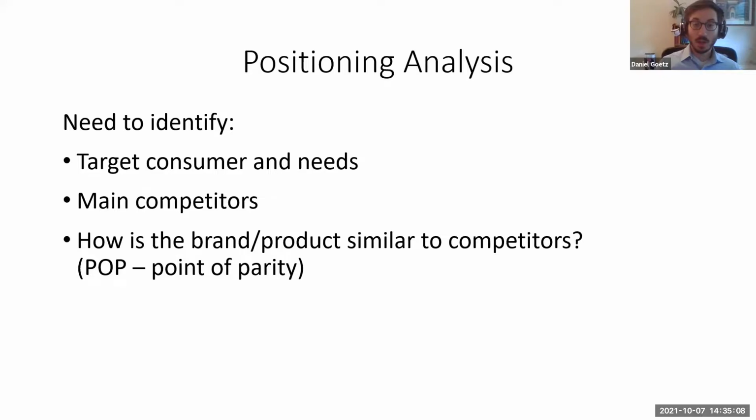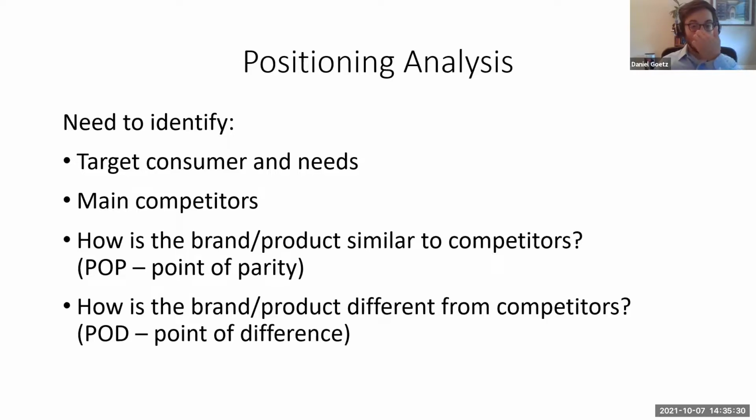The next thing to answer is, how is your brand or product similar to the competitors? That's what's called a point of parity. We'll get into it more in the next slides, but it's what you do as a product that other companies also do with their products.